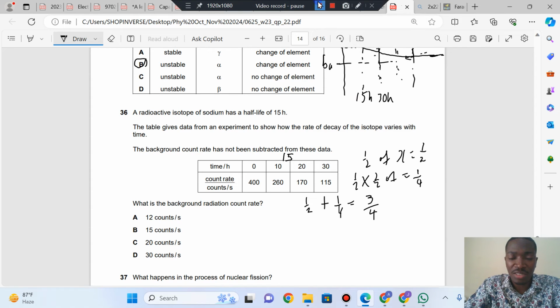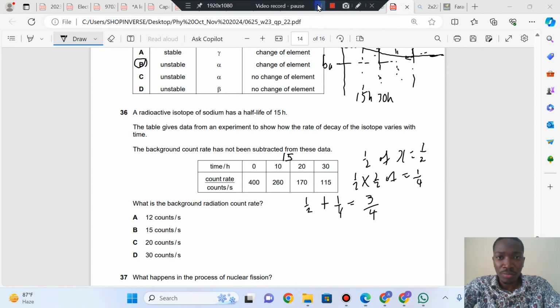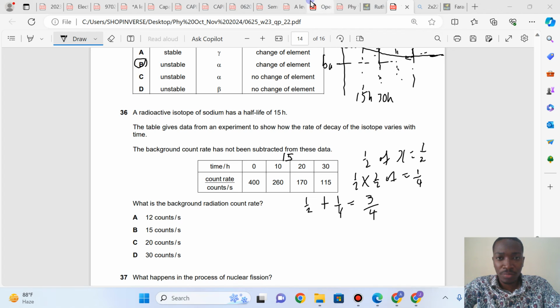Now let us look at the beginning of the question again. The half-life is 15 hours, right? That means after the half-life, half of it would have disintegrated. After another half-life, a quarter of it would have gone. That means total of 3/4.